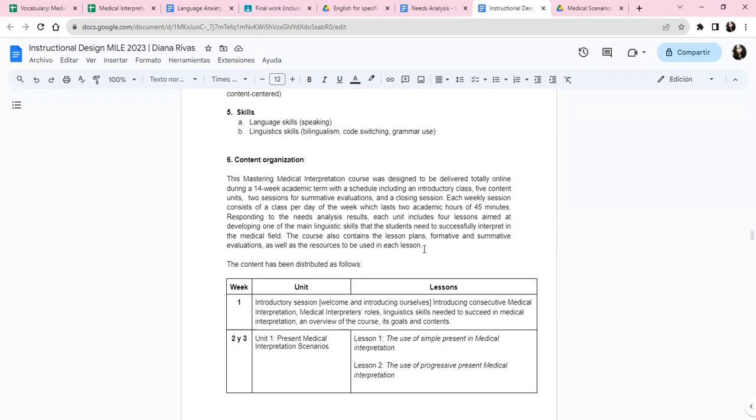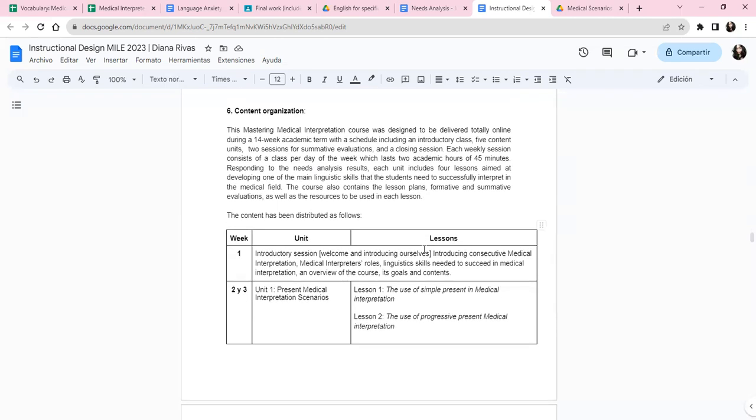So the content organization: this Mastering Medical Interpretation course was designed to be delivered totally online during 14 academic weeks with a schedule including an introductory class, 5 content units, 2 sections for summative evaluations, and a closing section.